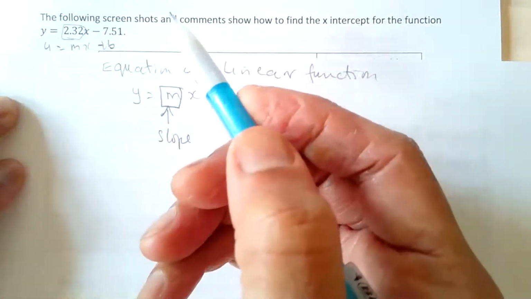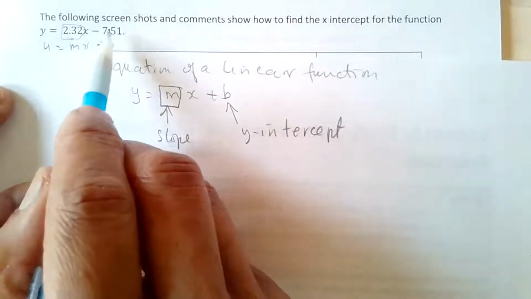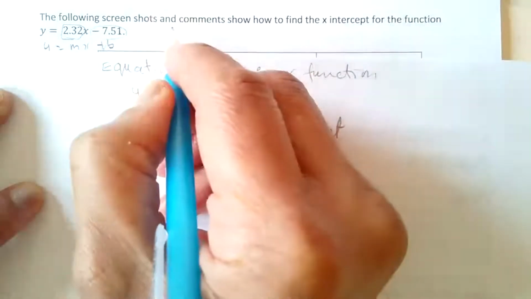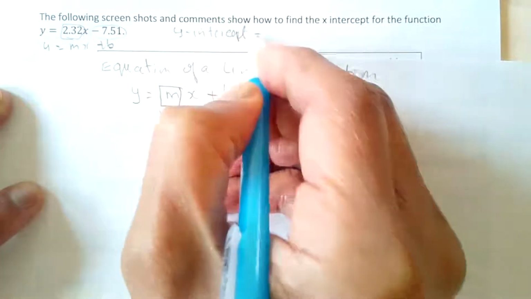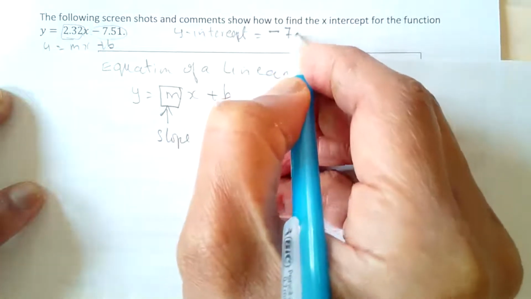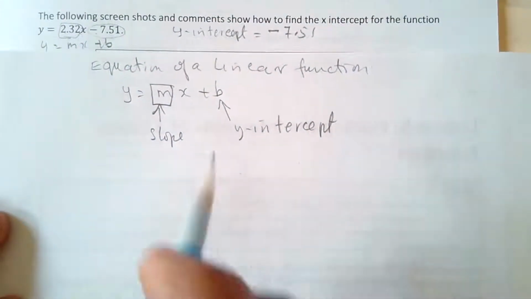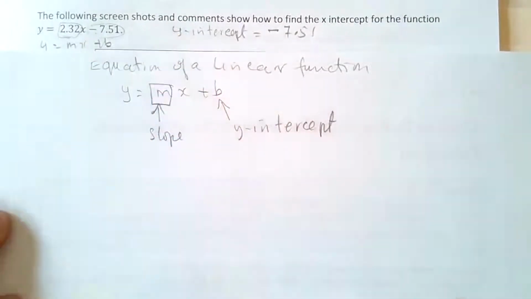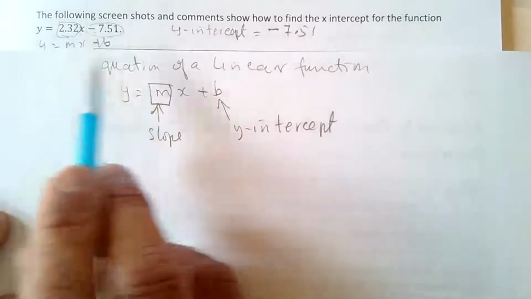But you cannot determine the x-intercept by just inspection here. The y-intercept, the way it's written, yes, you can. This is your y-intercept. So we can see right away your y-intercept is equal to negative 7.51. Don't forget your sign in front of it. So using this form, we can determine the y-intercept. But how do we find the x-intercept? Later on, I'll show you how to find the x-intercept algebraically.